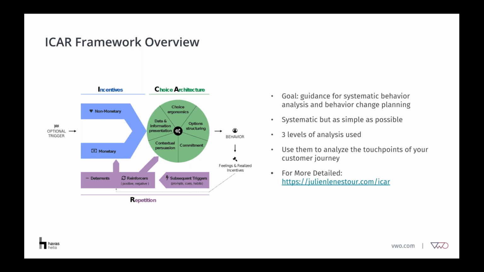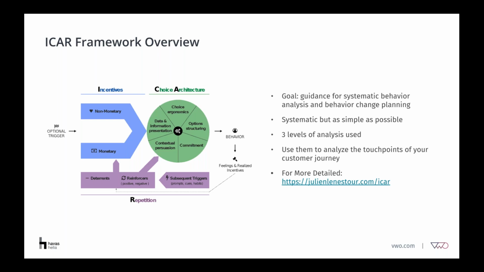So the way to use this framework is to map the touch points of the customer journey, and at each of those touch points, go through this framework. Incentives, what are the incentives? The choice architecture, what elements are at play? And repetition. And you progress to the next touch point, and then at the end, you have a map of the touch points where things are at play or not at play, and potential ways to change the behavior.